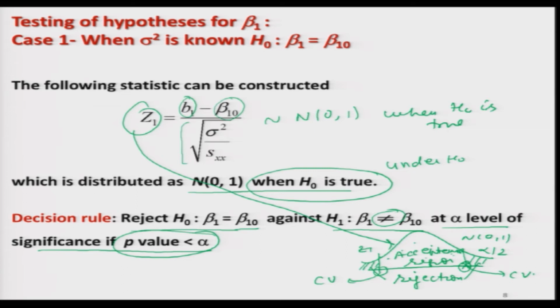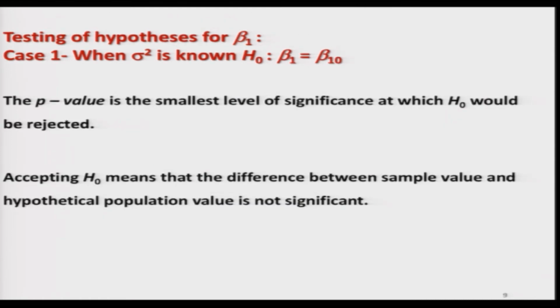Since we are going to do everything in R, I will not be considering the classical approach of test of hypothesis, which is based on the tabulated values of normal, t, chi square, f, etc., but will depend more on the p value. All the results I am going to show here will be based on the p value. What is the p value? The p value is the smallest level of significance at which H naught would be rejected.